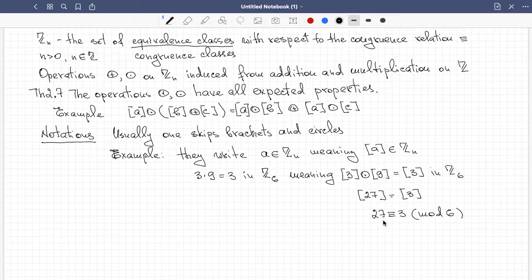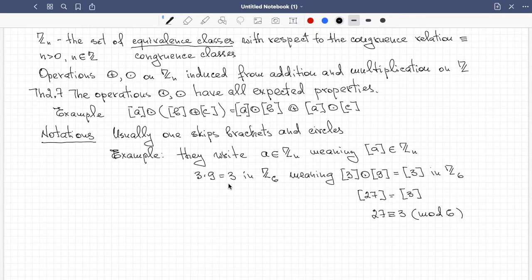The difference, 24, is divisible by 6. So instead of writing that in this heavy way, they simply have in mind the 6 and write 3 times 9 is 3.